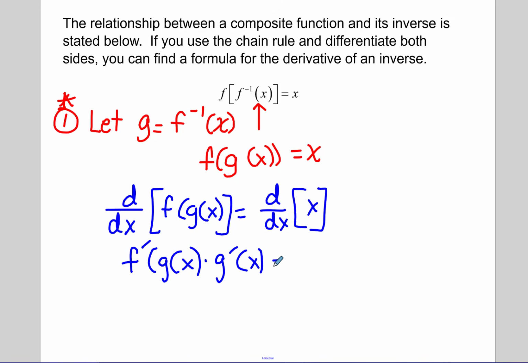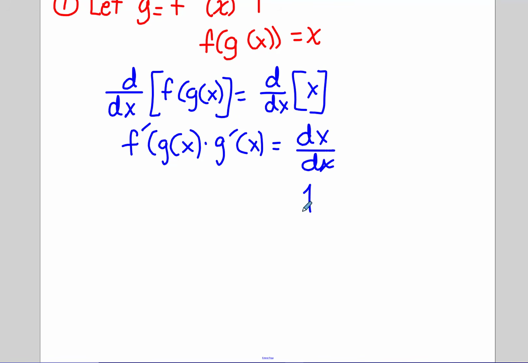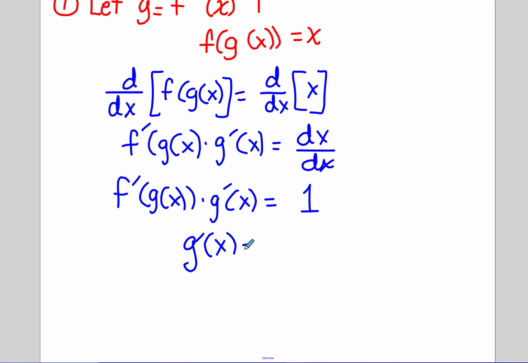And this is dx/dx, and we know dx/dx gives us 1, right? So f prime of g of x times g prime of x is going to be 1, and the derivative is 1 over f prime of g of x.